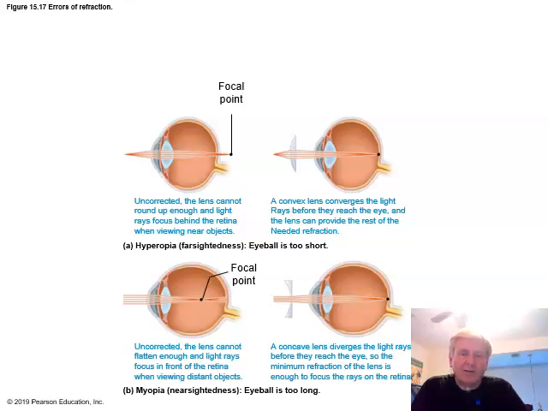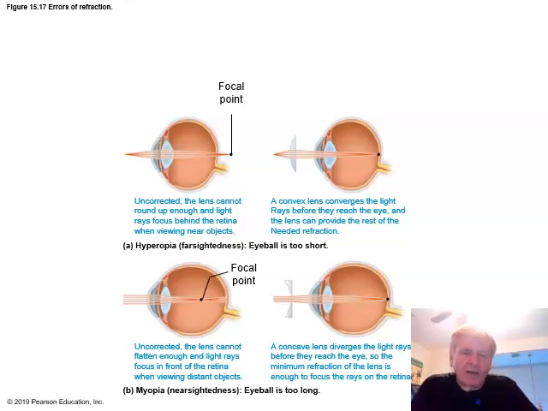So you correct this kind of refractive error by giving them a convex lens, which converges the light rays before they reach the eye. And therefore, the lens can now provide the rest of the needed refraction to get a clear focal point so the person can see and focus. On the other hand, in myopia, where the eyeball is too long, the distance between the cornea and the lens is too great.